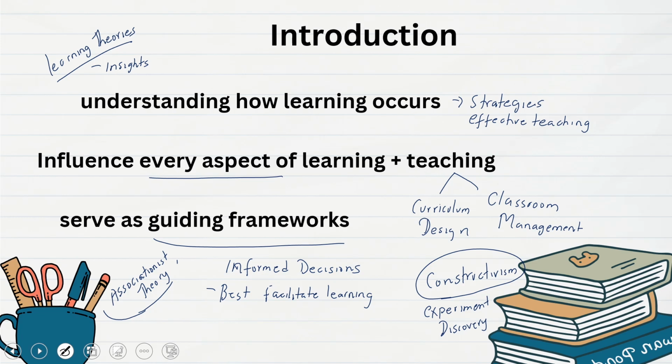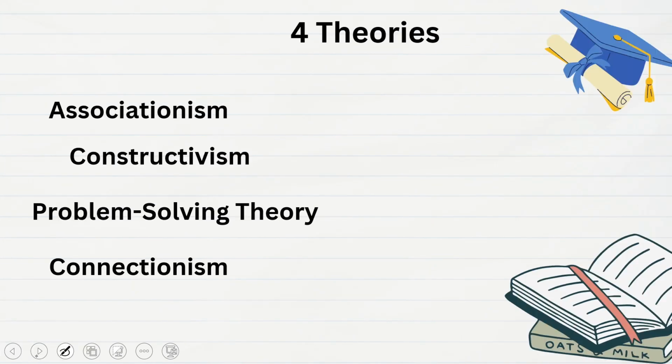And therefore, understanding these theories will help us in order to tailor the portion or to tailor the syllabus according to the needs of the students and also according to the goals of the education system. And therefore, today we shall explore 4 key learning theories, which have significantly, in a way, influenced educational practices.